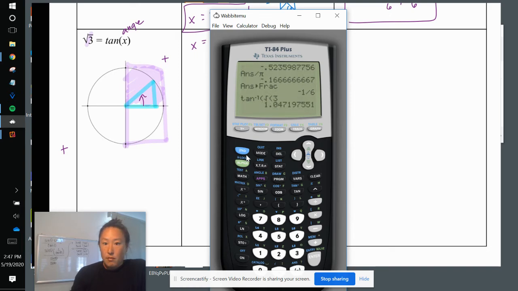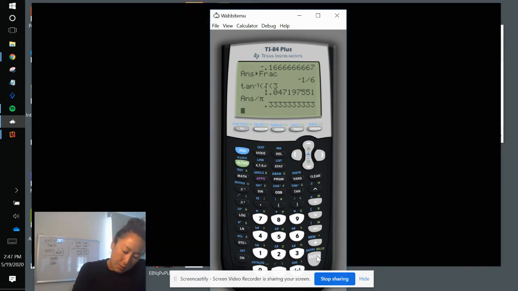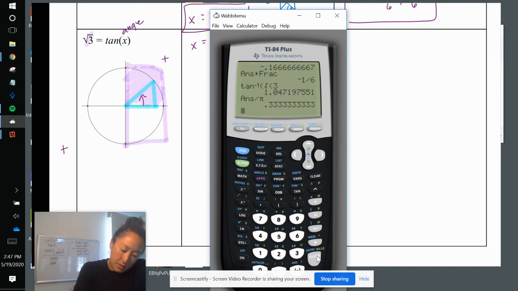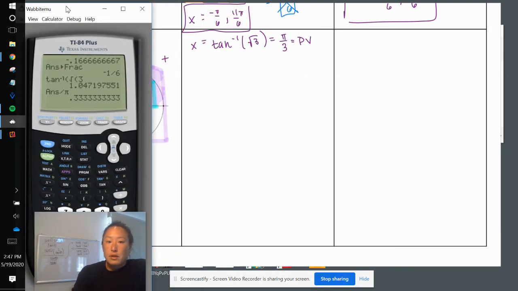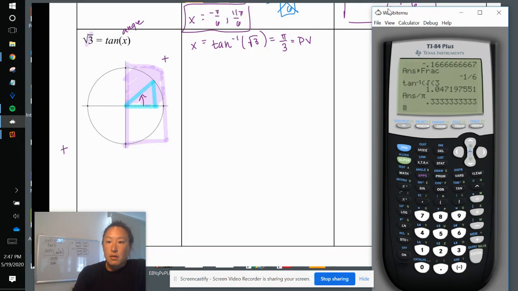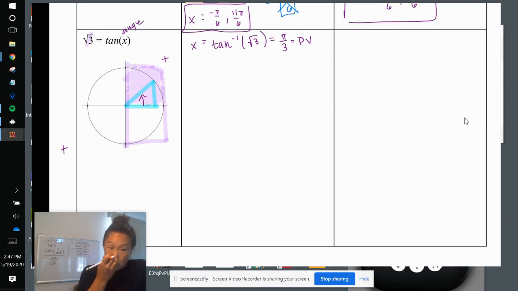Remember we divide out pi to give us our fraction of 1/3. So this is going to be pi over 3. So the principal value is pi over 3.